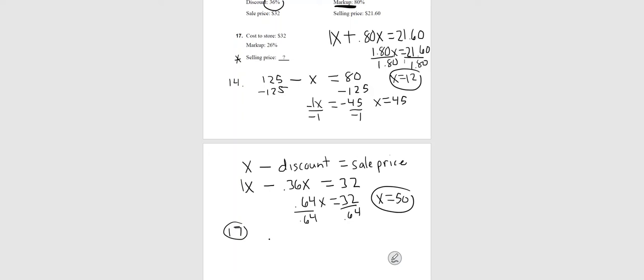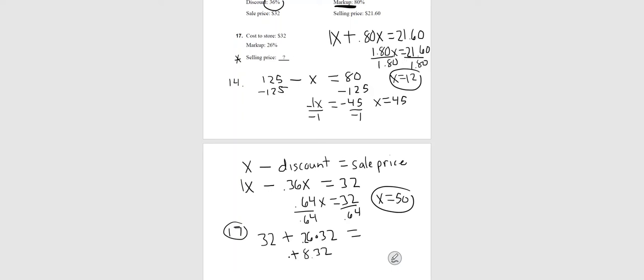So to find out what the selling price is, we have to do the cost of the store, which is going to be $32, and then we have to find out what 26% of 32 is. And then we're going to add those two together, and that'll give us our selling price. So if we do 26% of 32, that would be 0.26 times 32, and that would be $8.32.